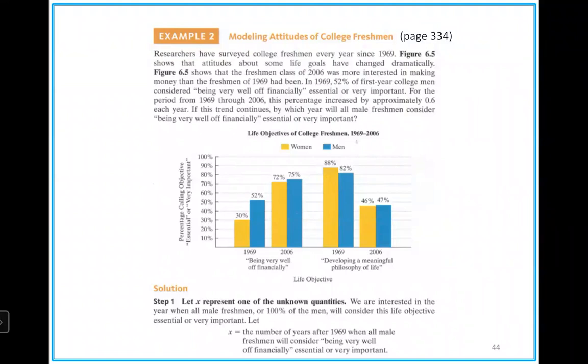In 1969, 52% of first-year college men considered being very well off financially essential or very important. For the period 1969 through 2006, this percentage increased by approximately 0.6 each year. If this trend continues, by which year will all male freshmen consider being very well off financially essential or very important?